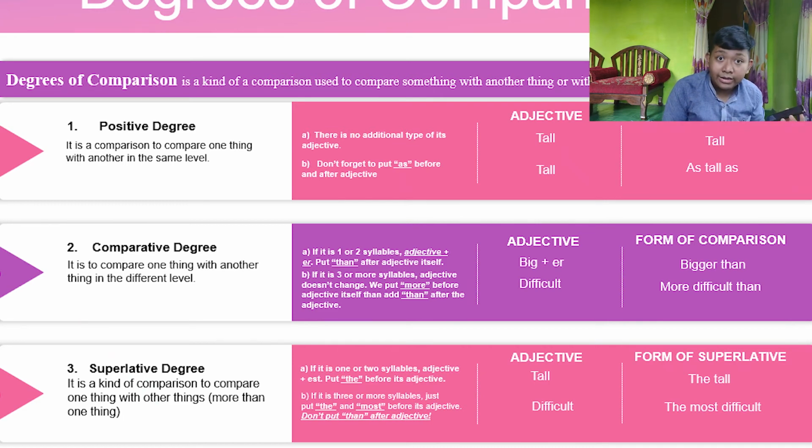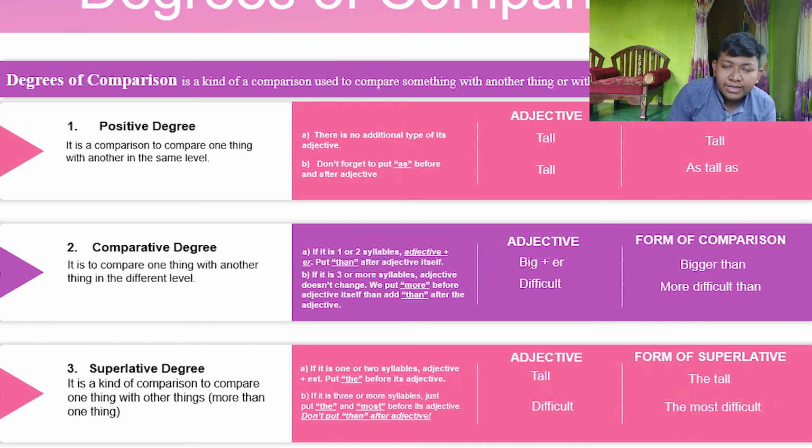So like bigger, biggest, and shortest, tallest, heaviest, and then we put the word the before the adjective and don't put the word than after the adjective. So tall becomes the tallest, the slimmest, the laziest, the smallest, the biggest. You get the point?